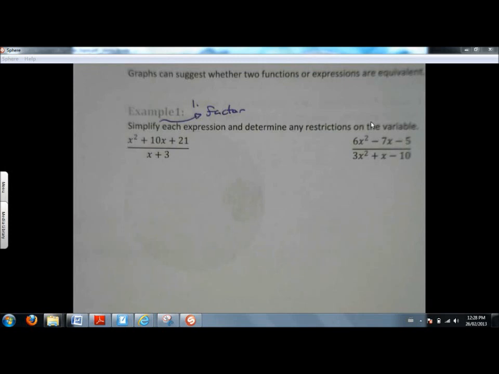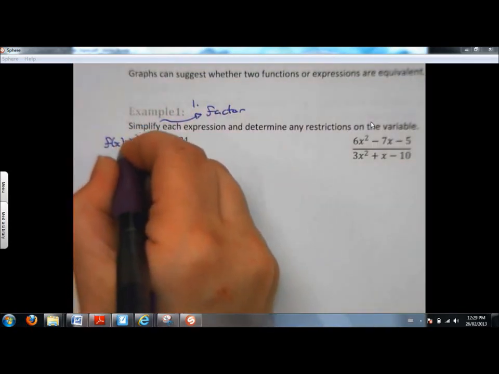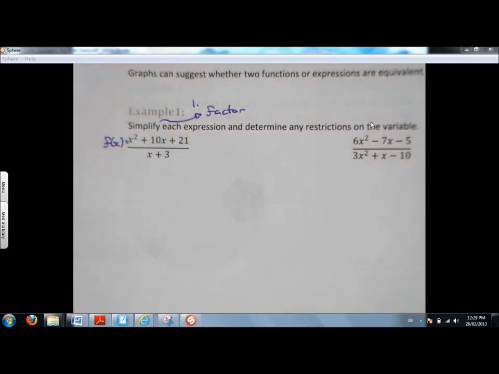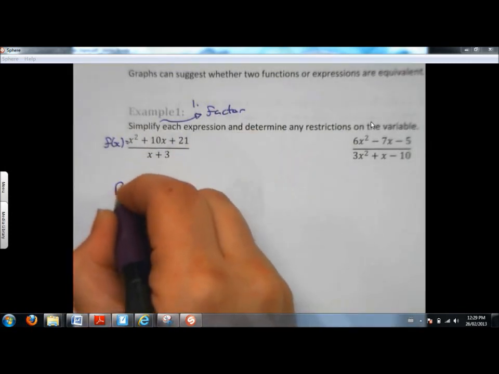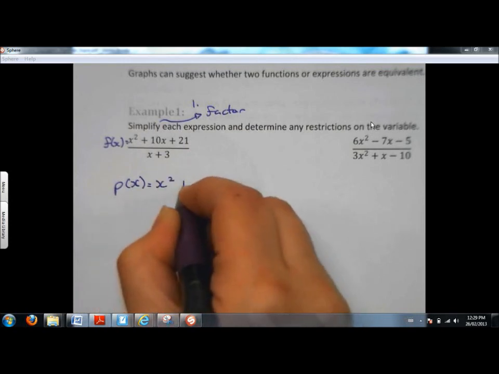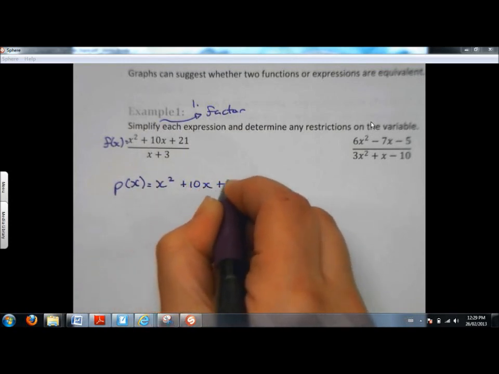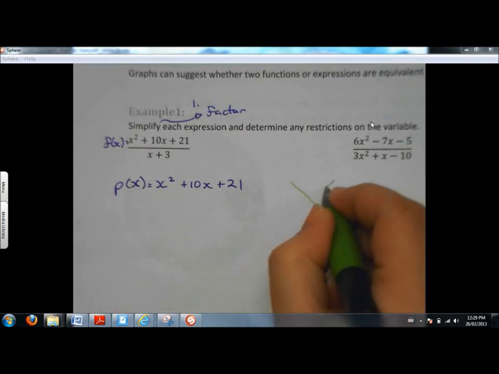All right. What are we going to factor? Well, here's our f of x. The whole equation, both the top and the bottom. That means our p of x, our numerator, is x squared plus 10x plus 21. So if I'm factoring, I need two numbers, and I'm going to show you a little trick.